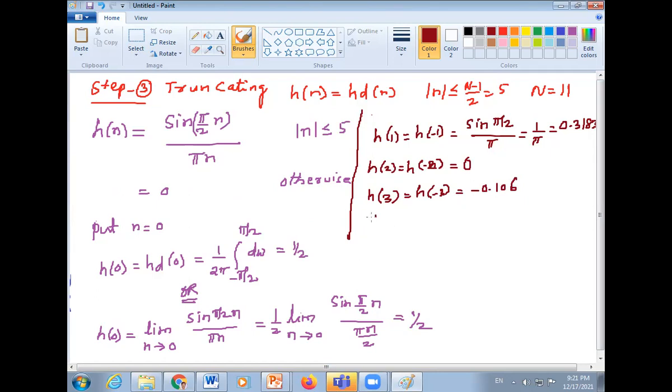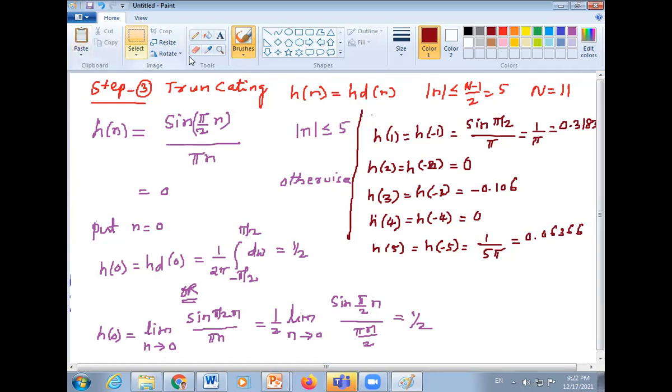Then h of 4 is equal to h of minus 4, which is again 0, and h of 5 is equal to h of minus 5, which is equal to 1 divided by 5 pi, or simply 0.06366. This is how the filter coefficients we have calculated.